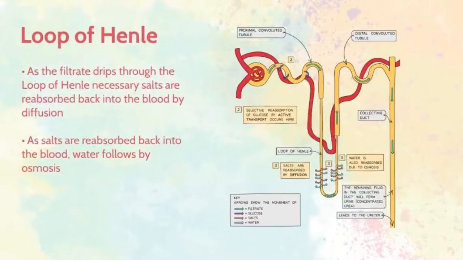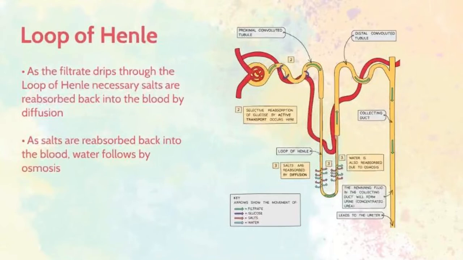It works to reabsorb water by a multi-step process. To begin with, sodium ions are actively transported out of the ascending limb using ATP. This therefore creates a lower water potential between the two limbs, so in the interstitial space between the descending and the ascending parts.